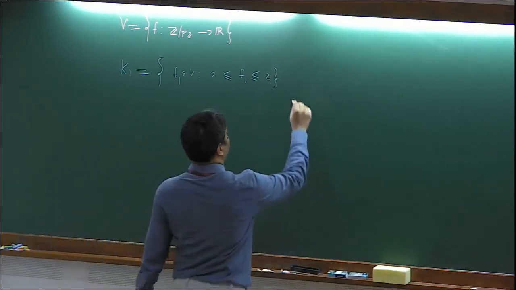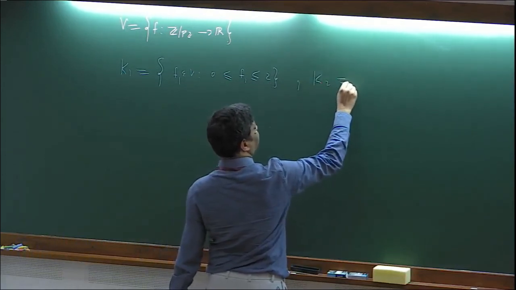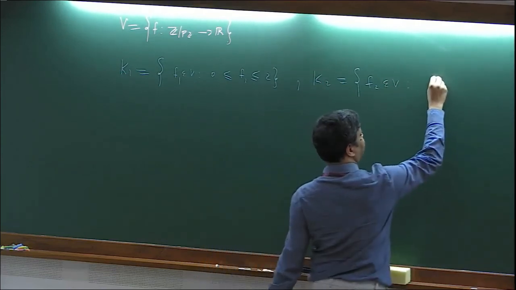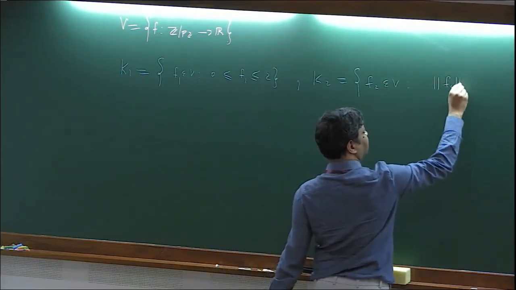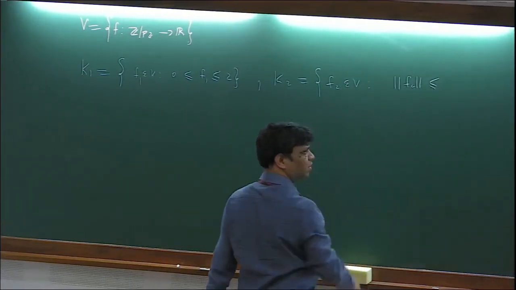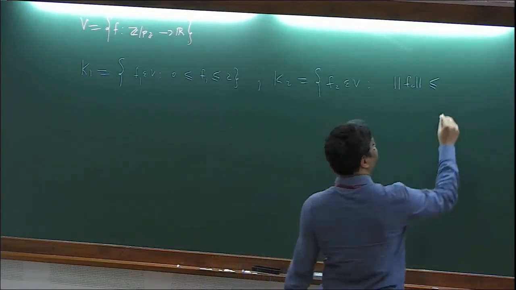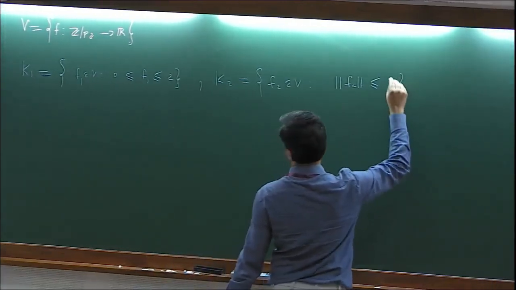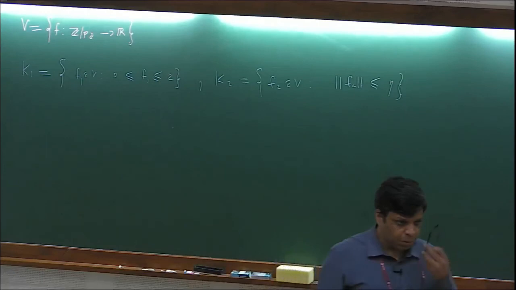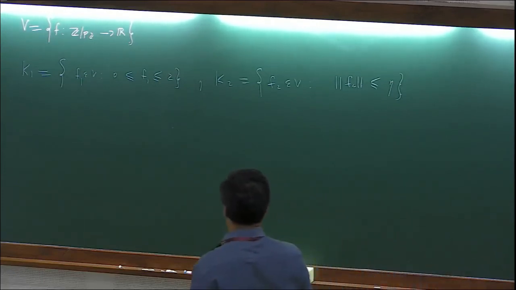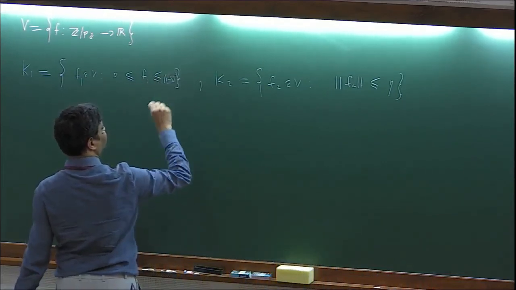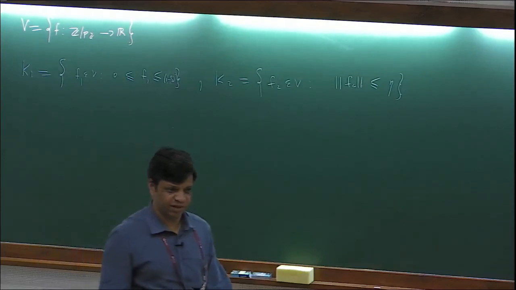And K2 to be equal to the set of f2 belonging to V such that norm f2 is less than or equal to some small parameter. Here also I will replace this 2 by 1 minus delta inverse. Delta will be some small parameter.